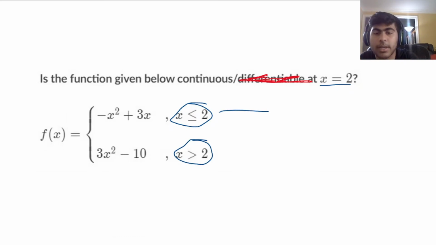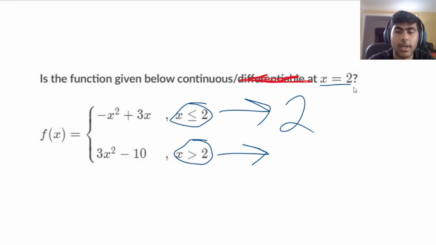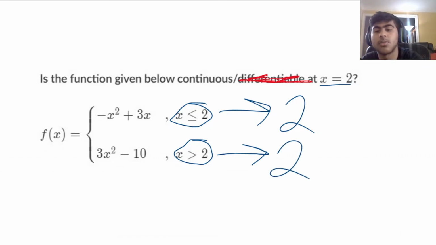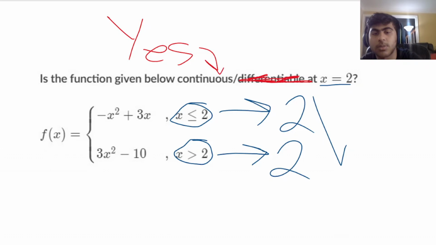Here we get minus x squared is going to be minus 4 plus 3 times 2 plus 6, which is going to be 2. Minus 4 plus 6 is 2. Here we have x squared is 4 because 2 squared is 4 times 3, 12. 12 minus 10, also 2. And again, the answer is yes, we are continuous.